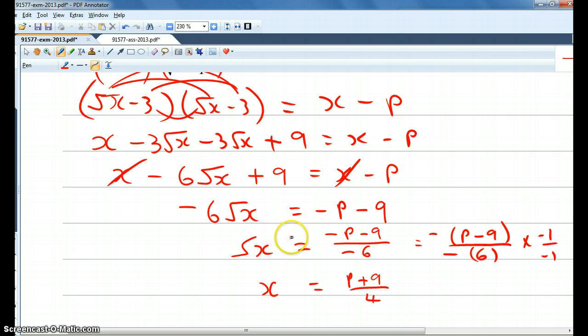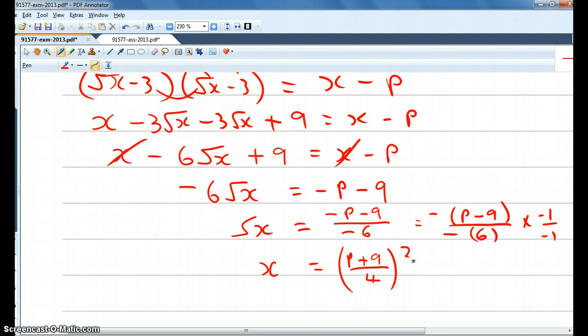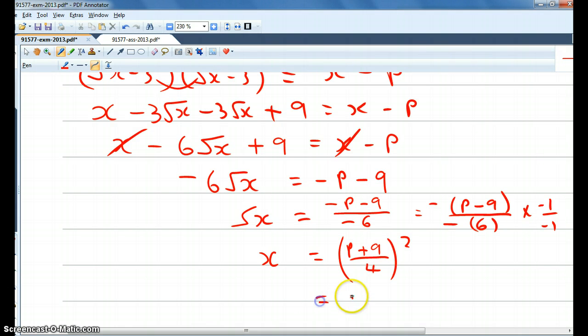Now if I'm going to square that, okay, so I've got p plus 9 squared upon 4. Do I have to expand that out? P squared plus 18p plus 9 9s are 81, all over 4 4s are 16. Now, I've found x in terms of p. Sweet, let's see if I'm right.